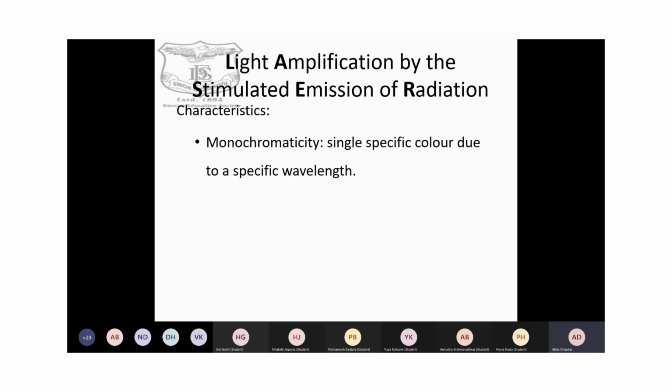You might have come across descriptions like a monochrome design with a single spot of color. But monochrome essentially means single color. Mono is single or one, and chrome is color. So this is a single specific color because of that specific wavelength of the radiation.